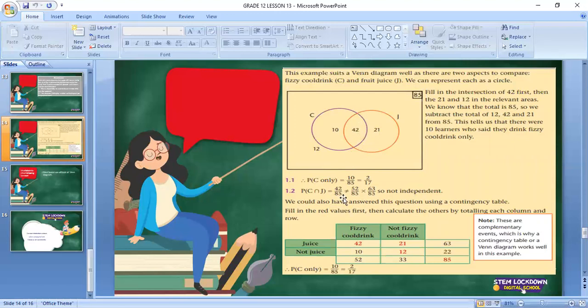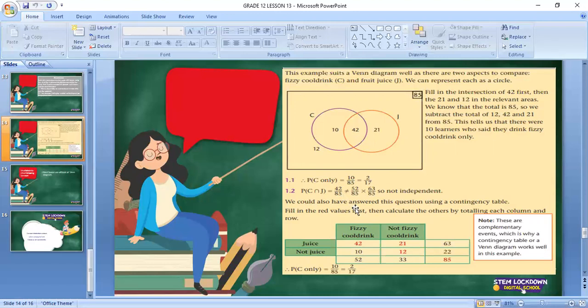So 42 over 85 is not equal to 52 over 85 times 63 over 85. If you multiply them, you will not get 42 over 85. Because the probability of A times the probability of B does not equal the probability of A and B, we say the events are not independent.